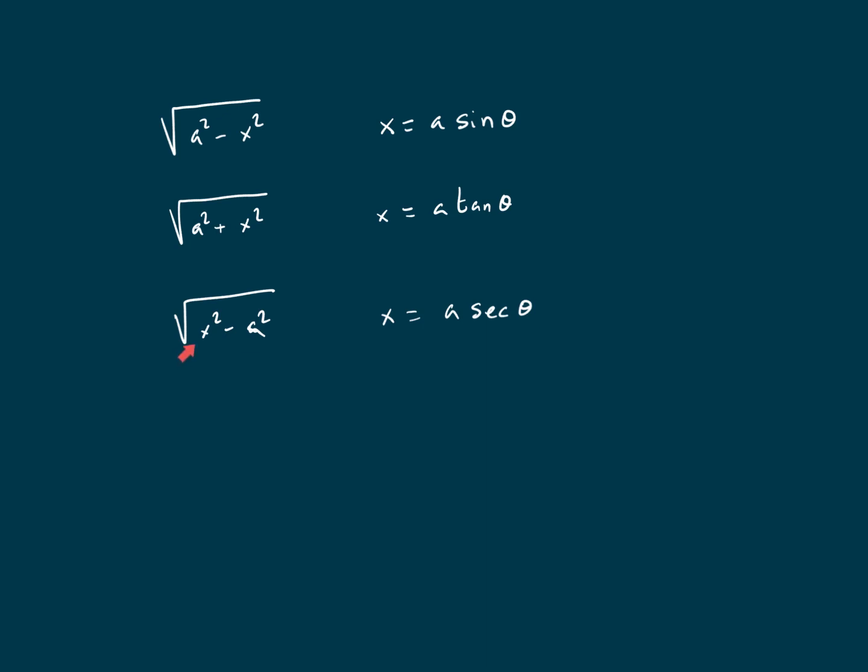And wherever the square root of x squared minus a squared appears, which is different from a squared minus x squared, the correct substitution that will solve the integral is x equals a secant theta. Let's go now to solve problems.